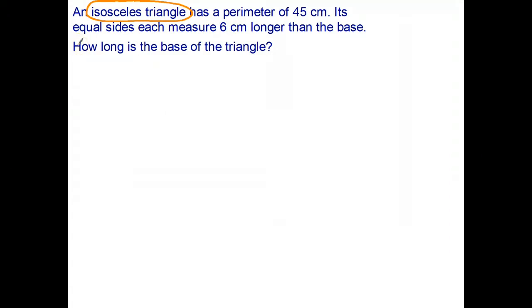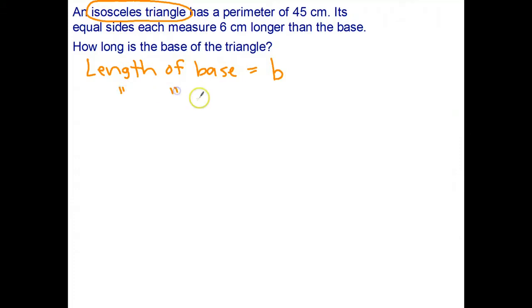Once again, I'll try to avoid subtracting. If I let the length of the base equal b, we'll use lowercase b for that, then each of the equal sides is 6 centimeters longer.